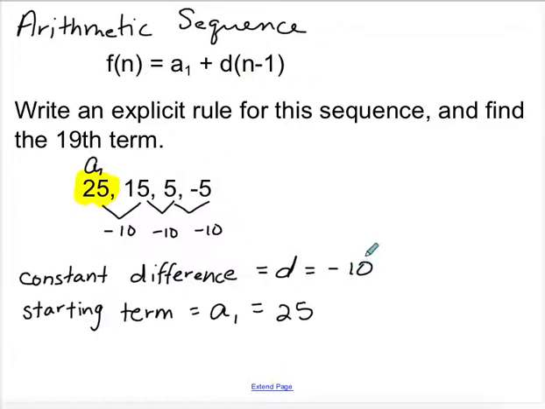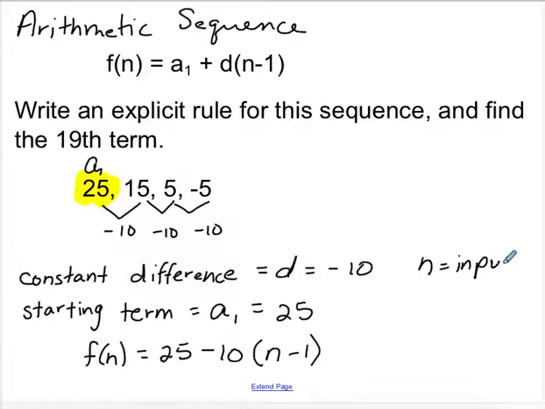So for ours, the a sub 1 is 25, so f of n is equal to 25 minus 10 times the quantity n minus 1. So now n is the input, f of n is the output, and I have a rule.